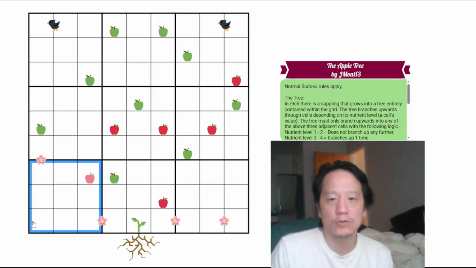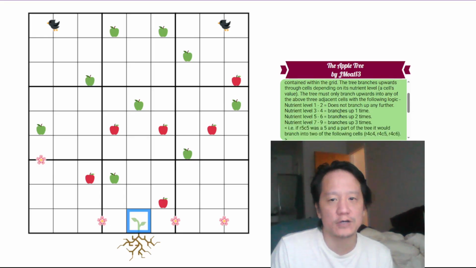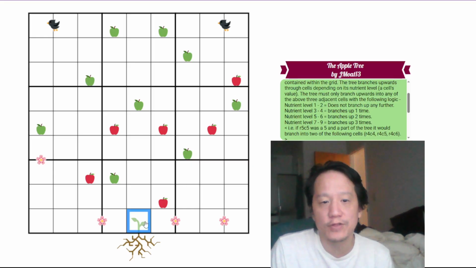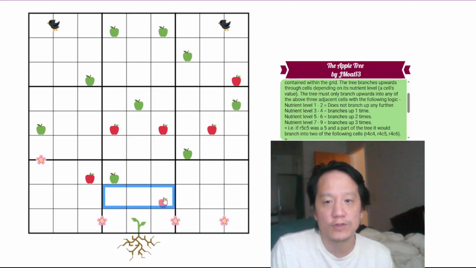In row 9, column 5, there is a sapling that grows into a tree entirely contained within the grid. The tree branches upward through cells depending on its nutrient level, a cell's value. And the tree must only branch upward into any of the above 3 adjacent cells with the following logic.